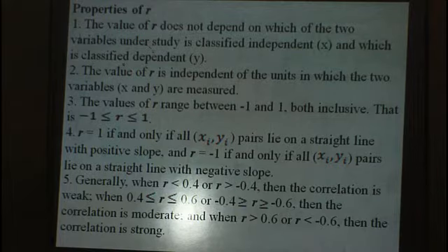Then 3, the values of R range between -1 and 1, both inclusive. That's mathematically expressed as this. I think I've mentioned this before. Now if you are to follow the subsequent properties, they've all been explained already, so it's left with you to read.